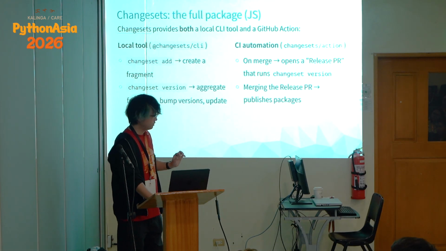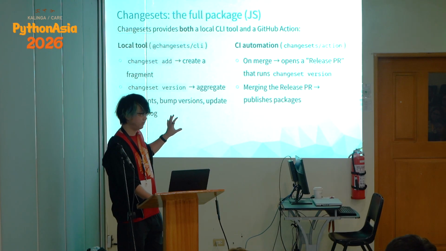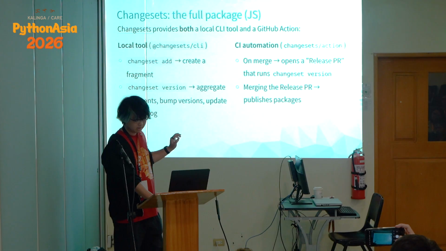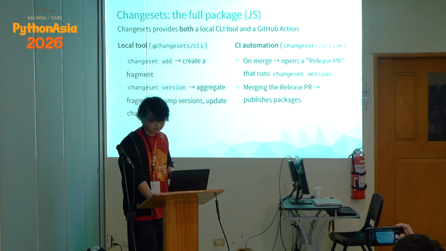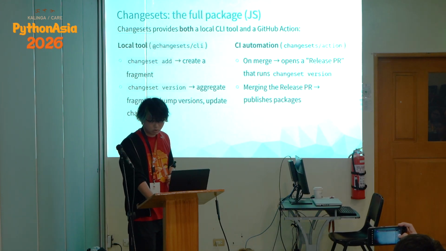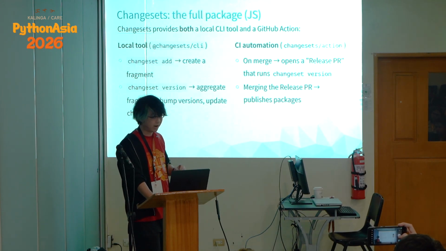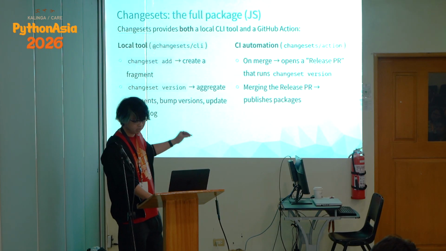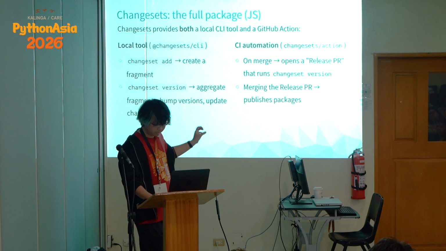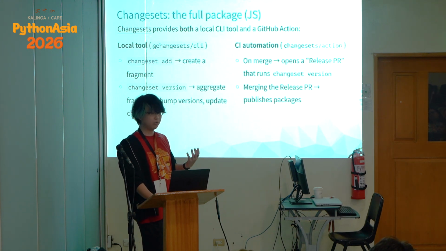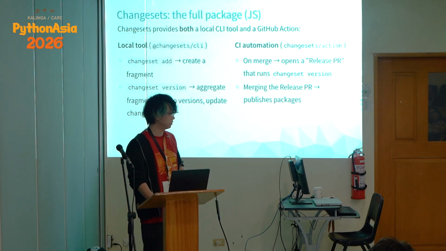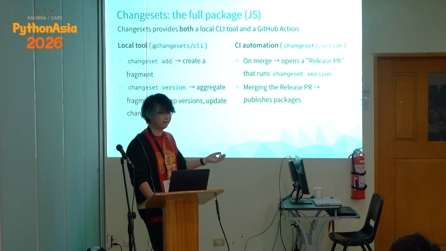And this ecosystem now provides CI, GitHub Actions that automates the whole release flow with pull requests. One ecosystem covers everything: fragment generation, version calculation, changelog generation, and CI automates all of them. So the question is, can we get something like that for the Python ecosystem, or packages written in Python, just like my use case?